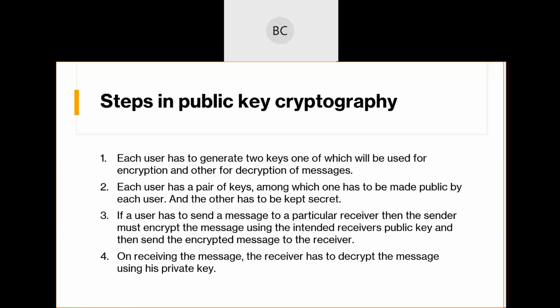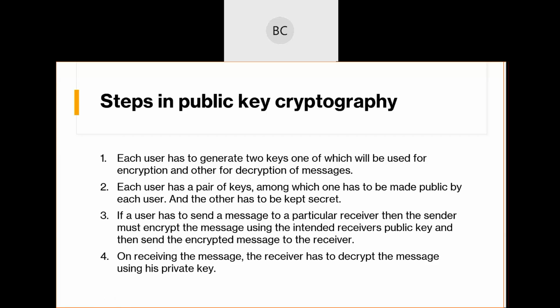Remember, in the first class I mentioned that for public key cryptography, anyone can know the public key, which is used for encryption, but only the receiver will use a secret key to decrypt the message.